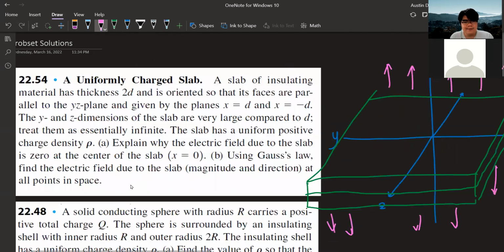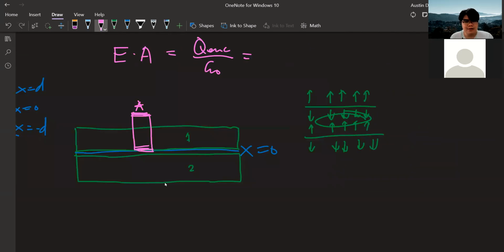Okay, the Q enclosed would depend on how large or how tall our Gaussian surface is. Okay, if my Gaussian surface is somewhere here, again 3D to, no? It extends inside the paper and enclosed siya.